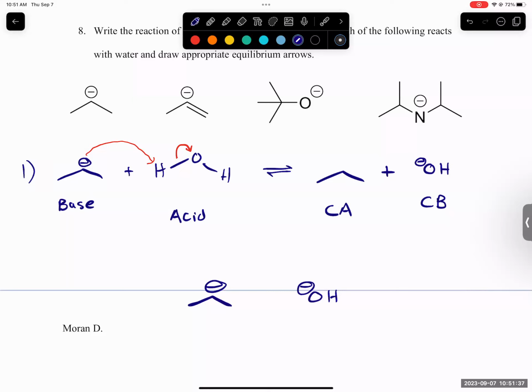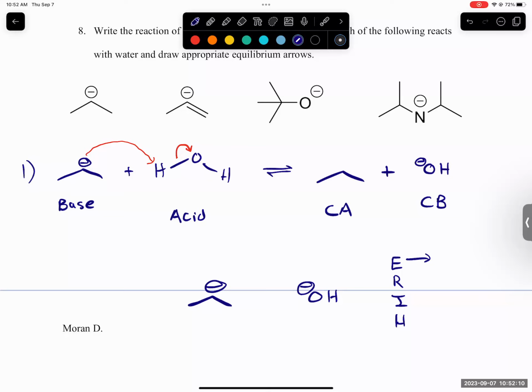What is the first thing we look at when we're determining the stability of the conjugate base? The element. We've done this all day today, so now we're back to doing what we did earlier today. We just had to do a little bit more work at the beginning. So which of these is going to be more stable and why?